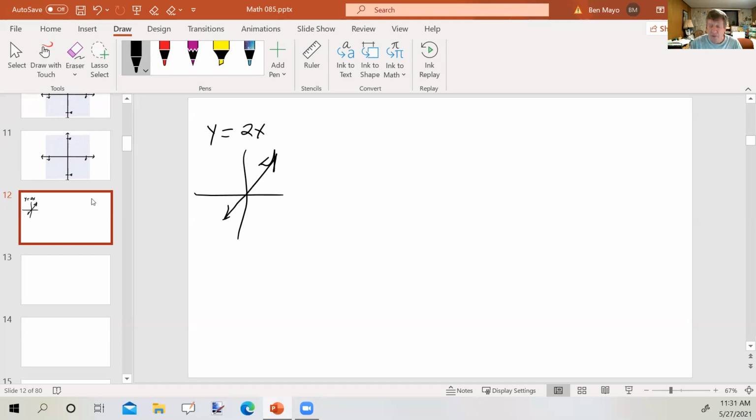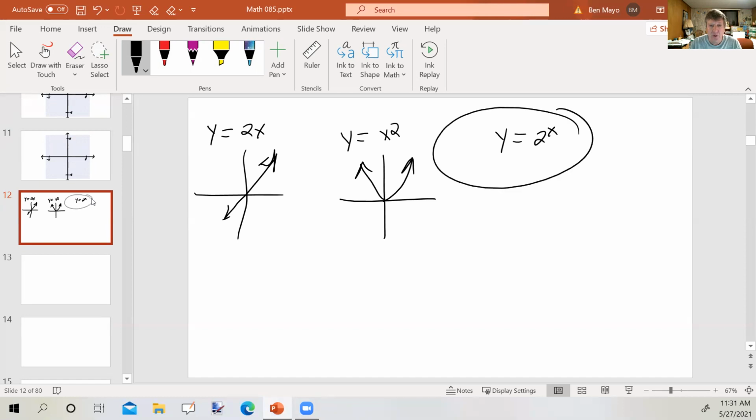We've looked at second degree or quadratic equations, such as y equals x squared, where the graph is a parabola. Now we're going to be looking at equations in the form y equals, let's say, 2 to the x power, where the exponent is the variable. So y equals 2 to the x power is an exponential equation.